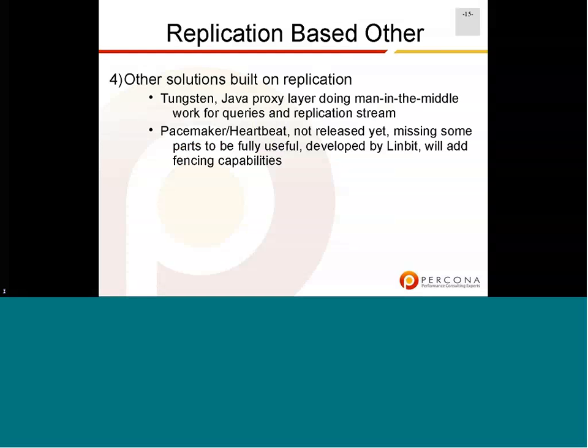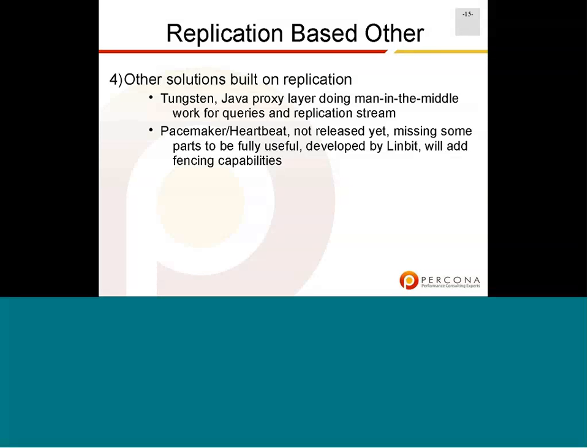There are also other solutions that can be used with replication. One that we hear quite often is Tungsten. It's a kind of proxy layer that plays into the replication stream. It has the intelligence to know what's going on at that point of view and controls how the application connects remotely.